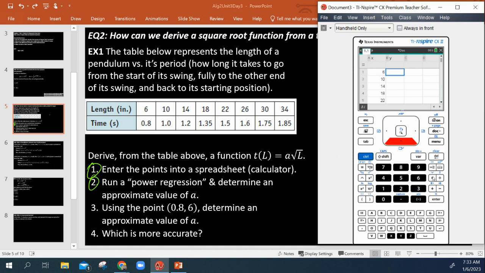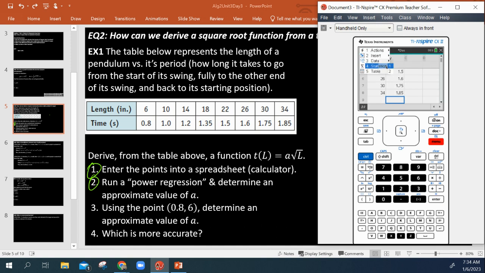These are my time values: 0.8, 1, 1.2, 1.35, 1.5, 1.6, 1.75, and 1.85.